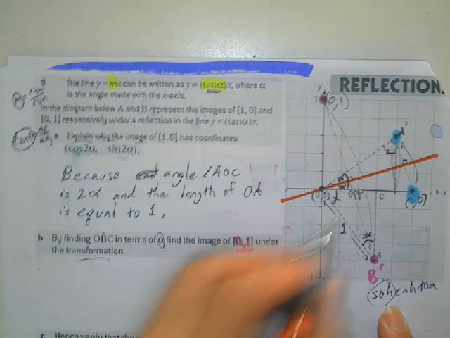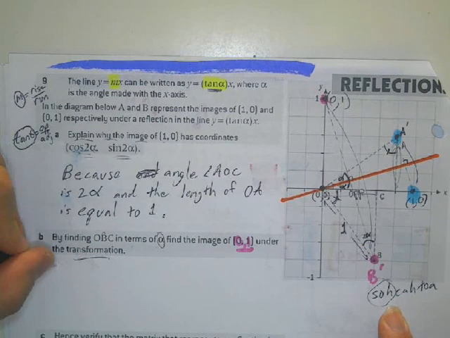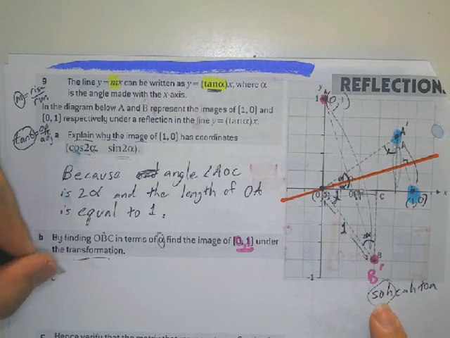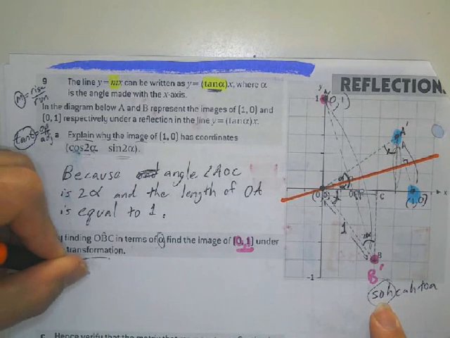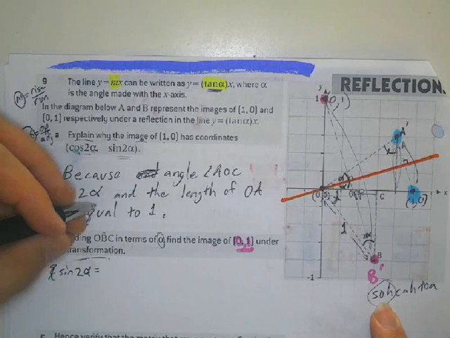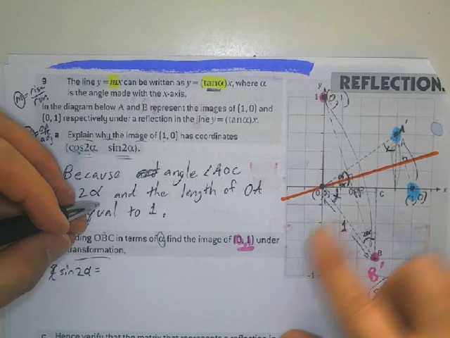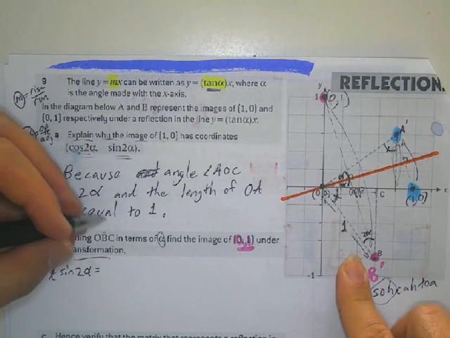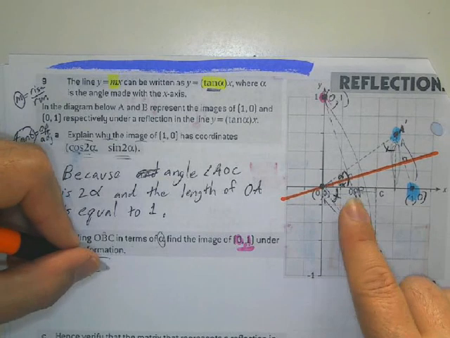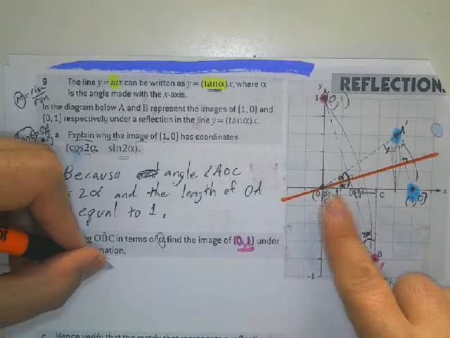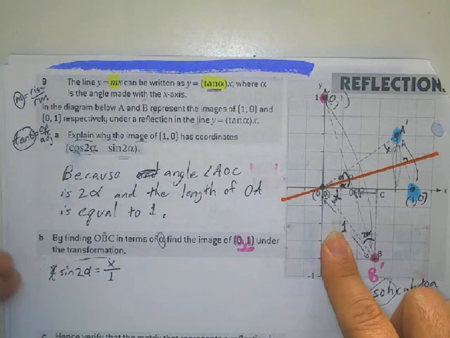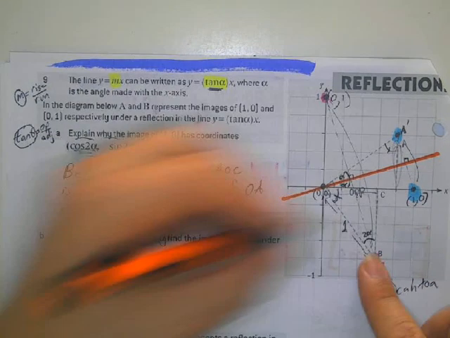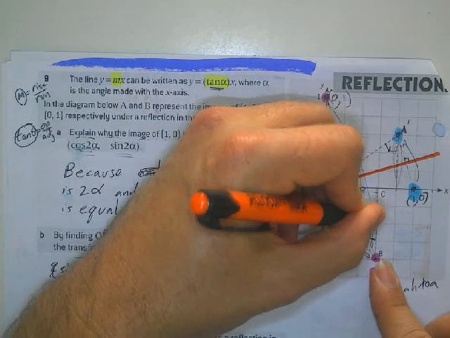So in my x direction, sine of 2 alpha is equal to opposite over hypotenuse. So we're going to call that x over the hypotenuse, which is 1. Okay. So we know x is sine 2 alpha, and then for the y direction, this is adjacent, right?